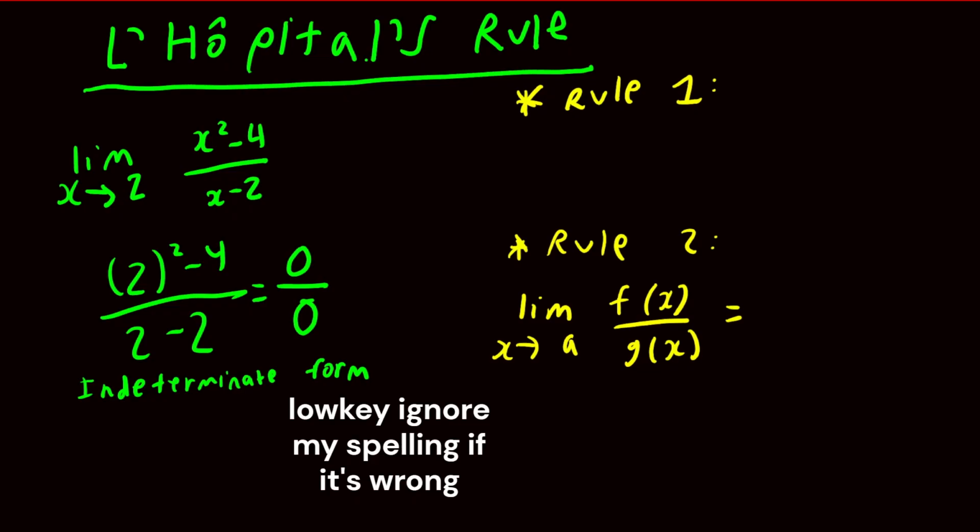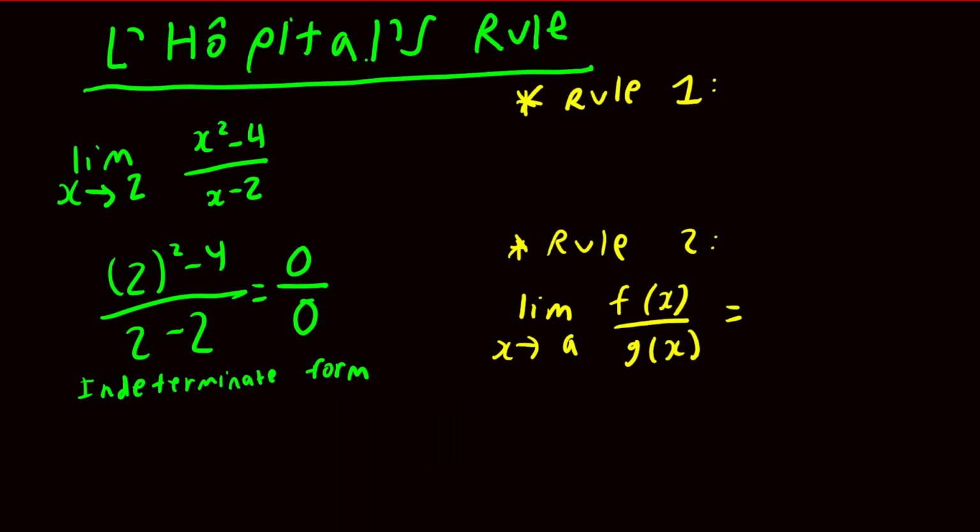So this brings us our first rule. Only use it when it's 0 over 0 or infinity over infinity. Alright? So those are the only times you can use L'Hopital's rule. So, what even is L'Hopital's rule? Well, this brings us to rule 2.